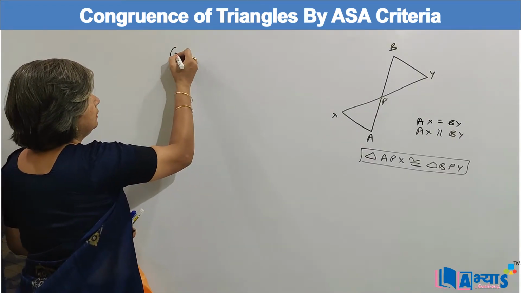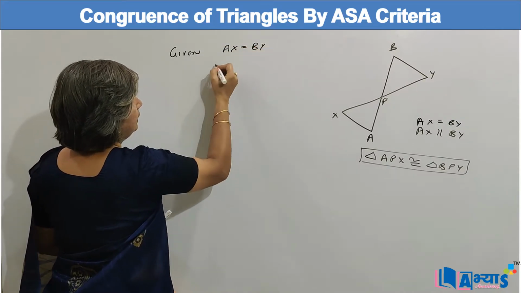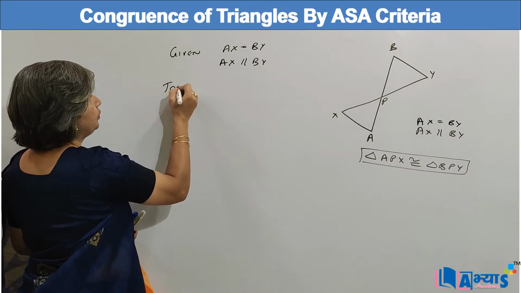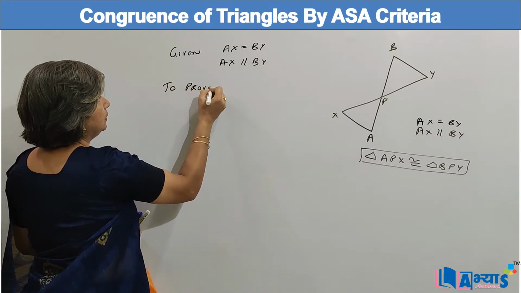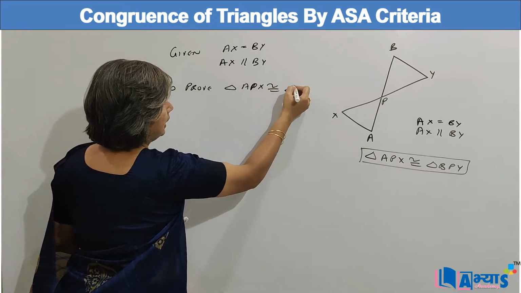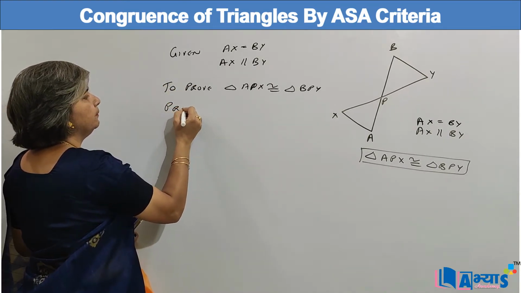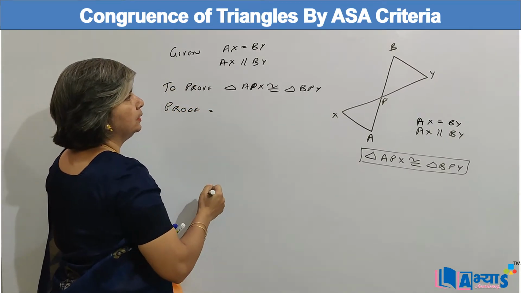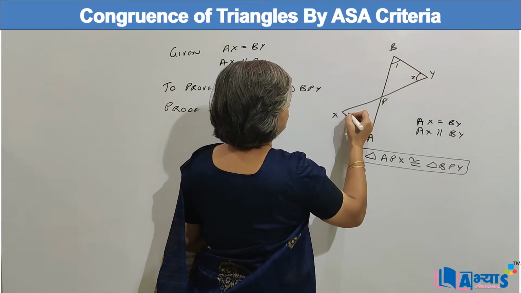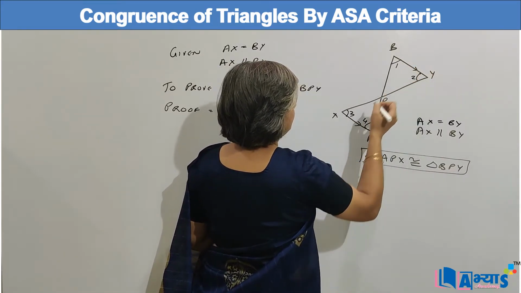So we are given that AX is equal to BY and AX is parallel to BY, and we have to prove triangle APX is congruent to triangle BPY. So the proof is, now let us name the angles. Let this be angle 1, this be angle 2, this is angle 3, this is angle 4, and we have been given that they are parallel.